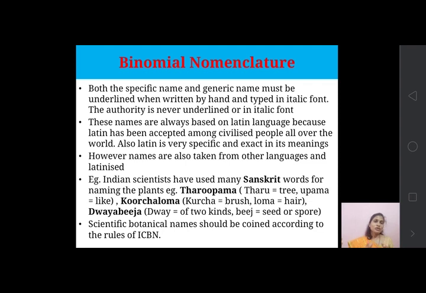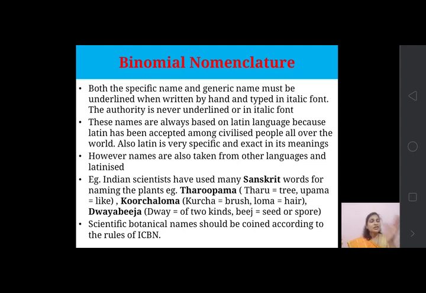However, these names are also taken from other languages. When the name of a plant is taken from any language other than Latin, after taking these names from the various languages, the names are also Latinized.